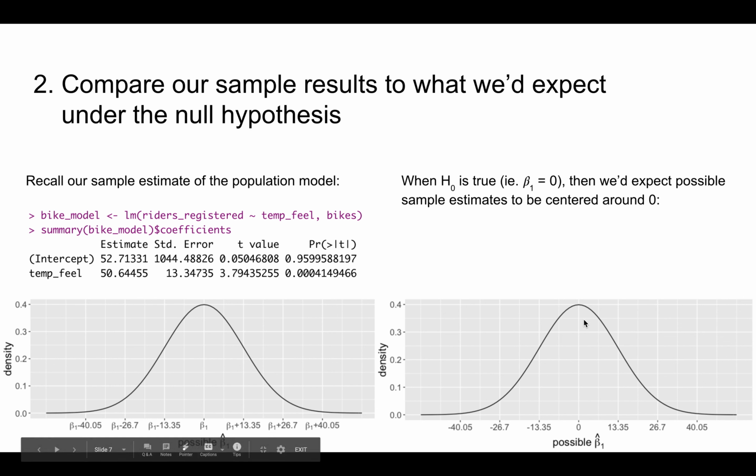That is, we'd expect the possible sample estimates of the temperature coefficient to be normally distributed around 0, and range from roughly negative 40.05 to positive 40.05, a range that's within 3 standard errors from 0.